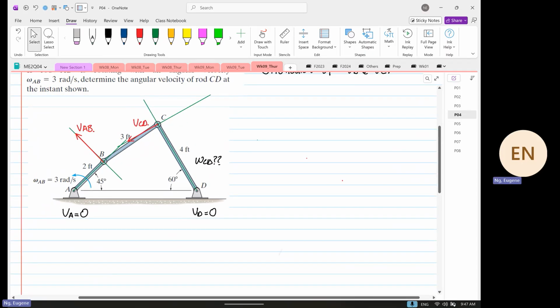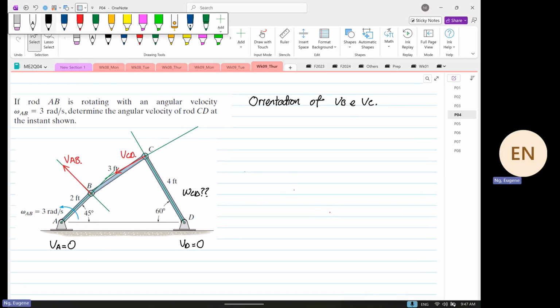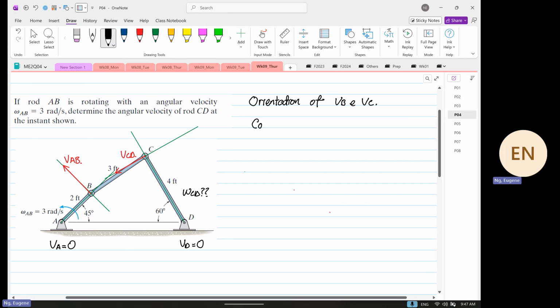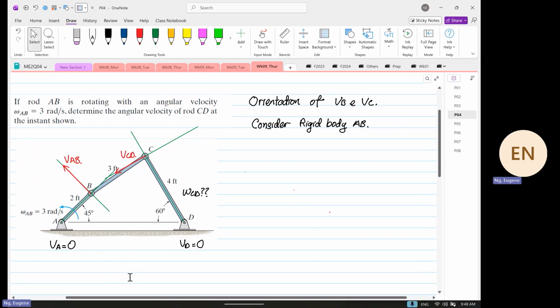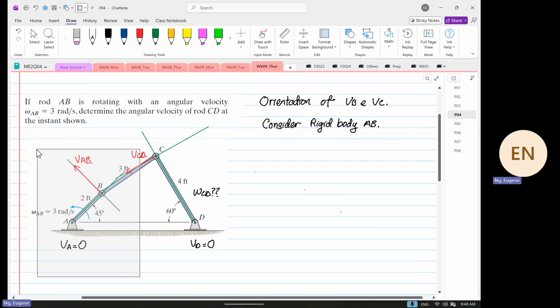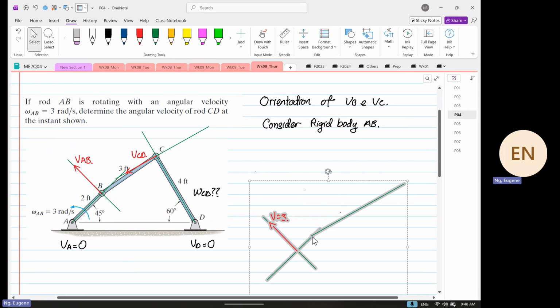So we are going to now consider rigid body AB. Okay. So if I'm going to bring this out into IC domain, okay, I'll take everything out.